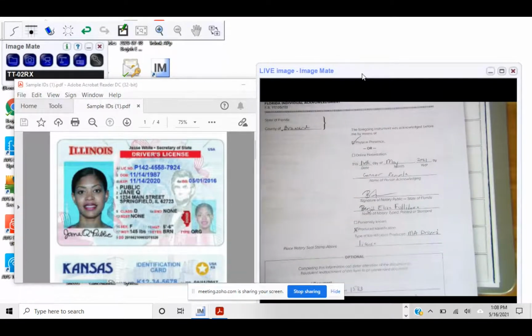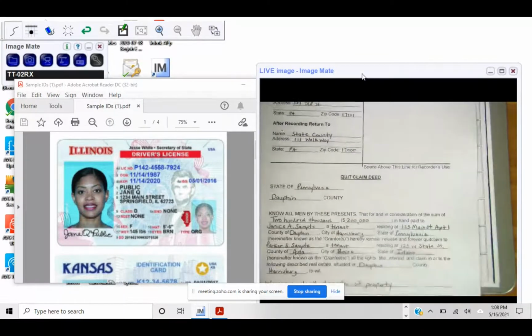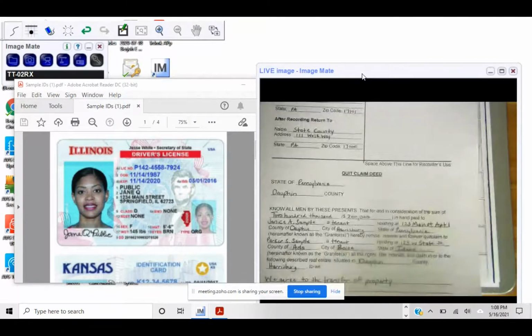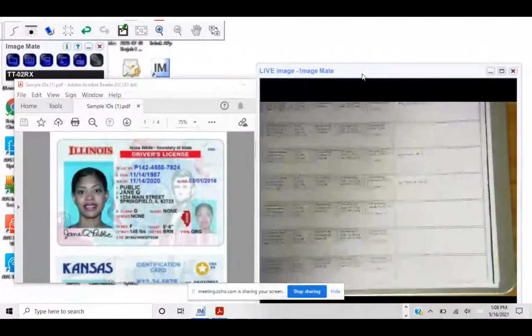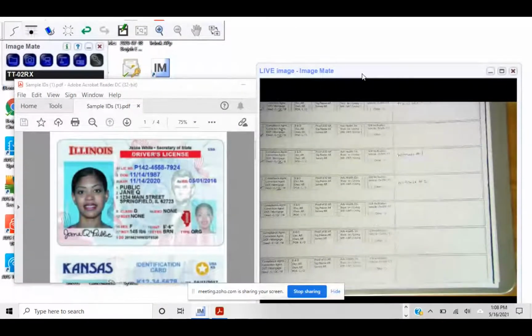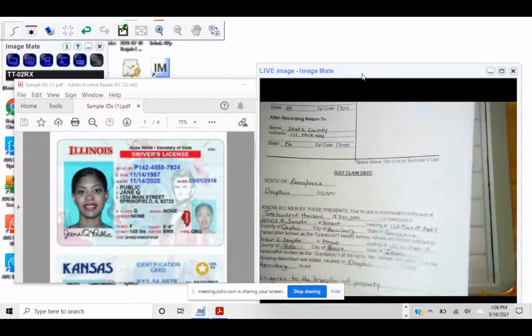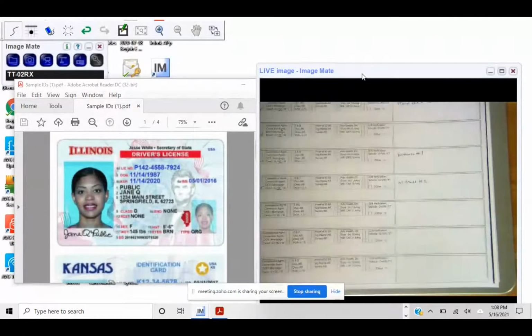I would assume that he would have to actually sign there because his name is there and it's being quit claimed to him. So he would have to sign acknowledging that he's taking that on, because there's money involved too. So that's a good question.